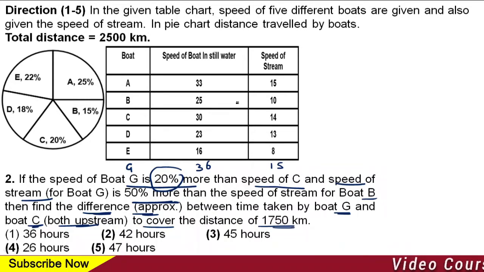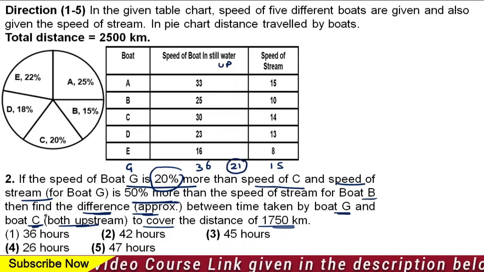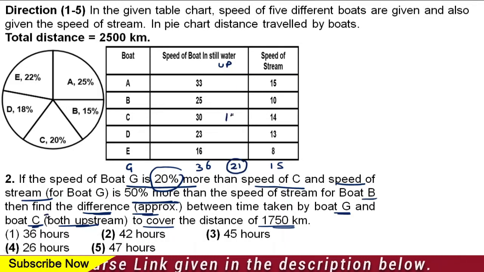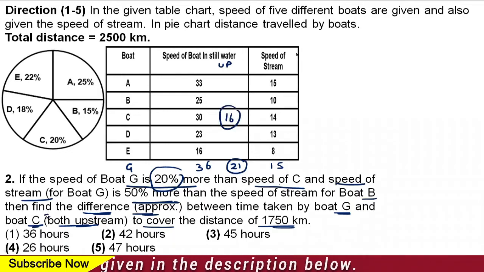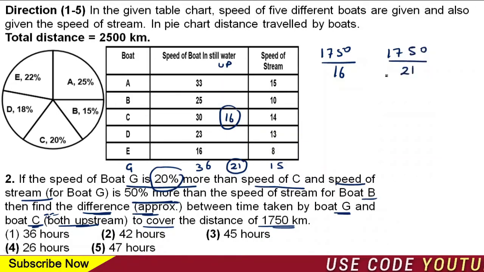So upstream, we can write the upstream time over here. For boat G, the upstream speed would be 21, and for boat C, the upstream speed would be 16. So what we are looking at is 1750 upon 16, the time that will be taken by boat C, and the time taken by boat G would be 1750 upon 21, and the difference.